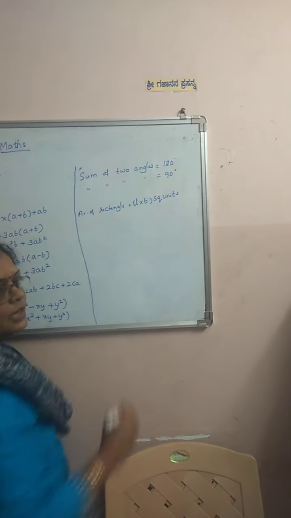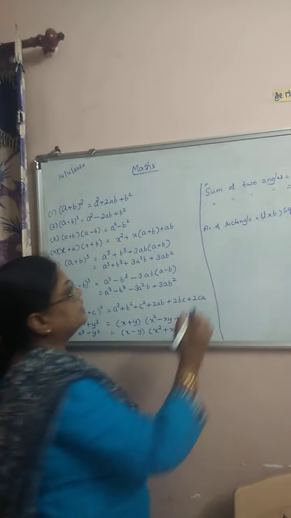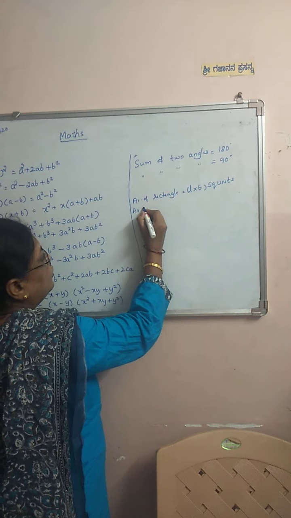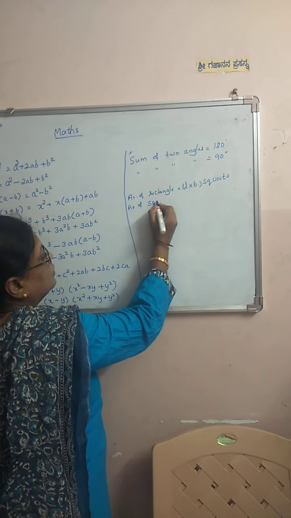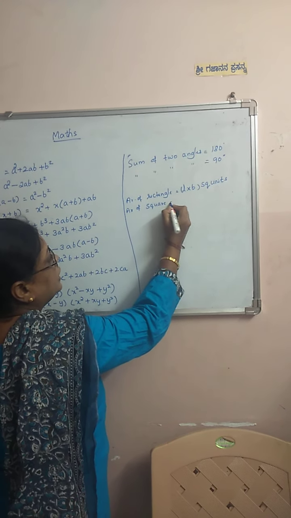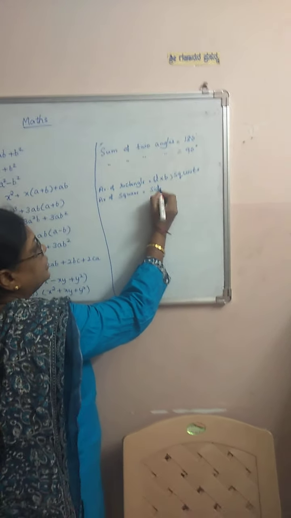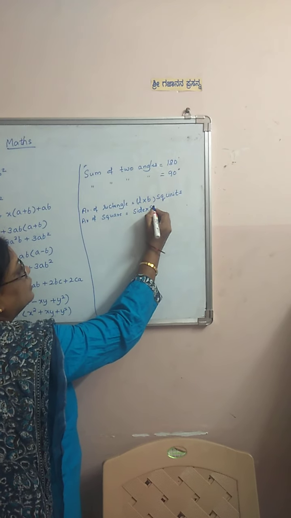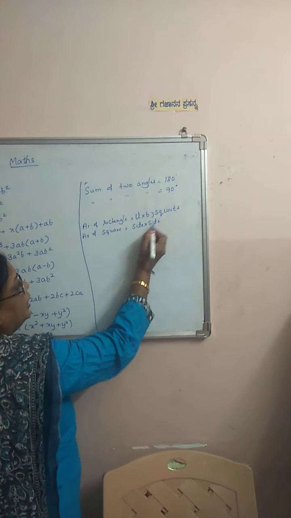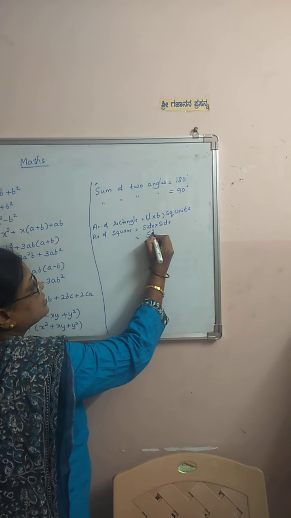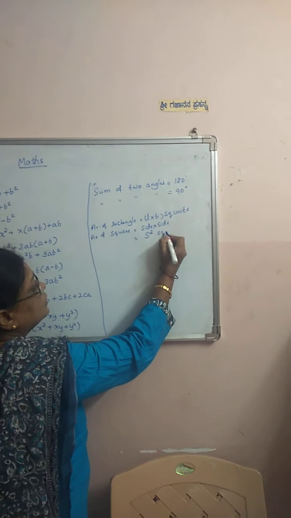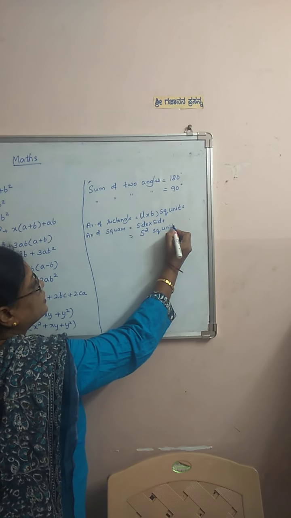Always the areas are calculated in square units. Then area of square. What is the area of a square? Area of square equals side into side. You can take this as a into a or s into s, that is s square, square units.